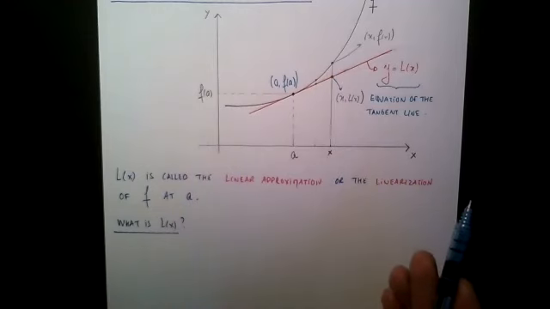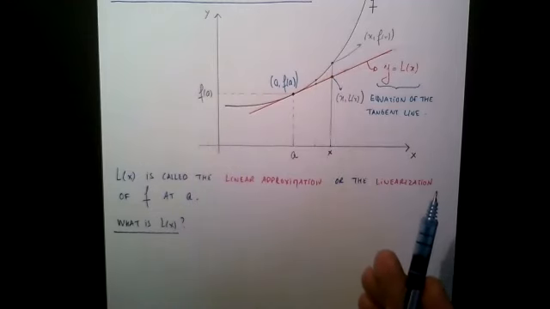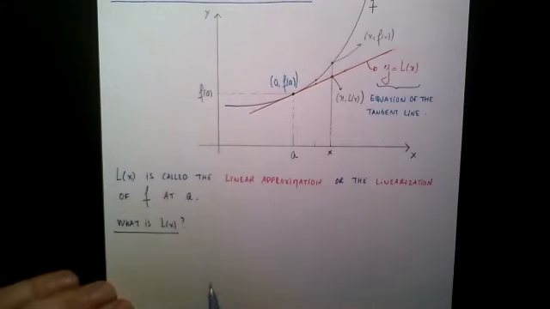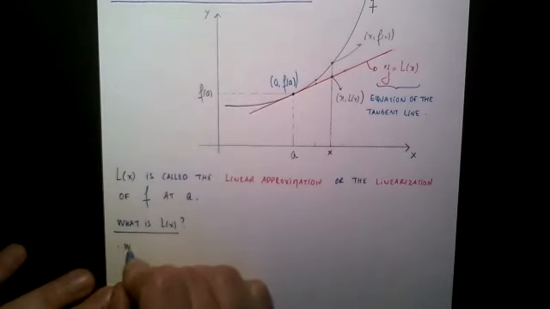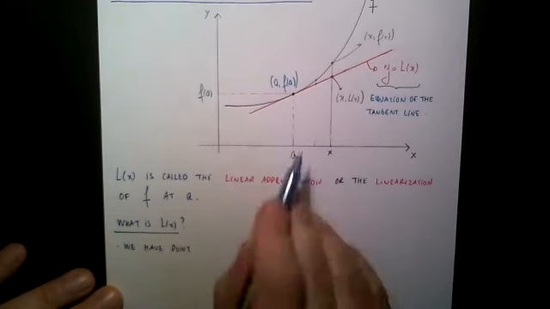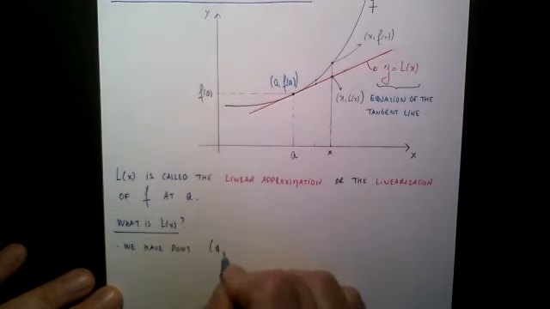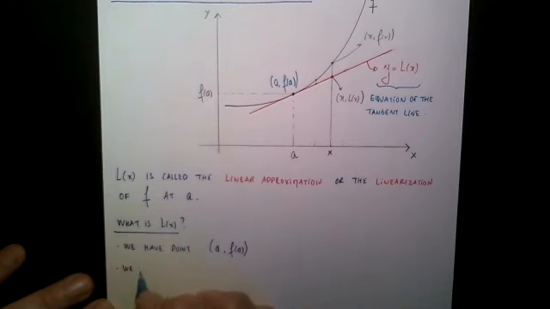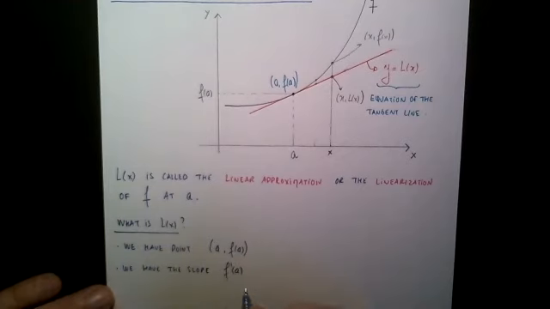To find the equation of a line we need a point and the slope. We have a point, which is, of course, a, f of a. That's one thing we have. And also we have a slope. What is the slope? f prime of a. Very good. Perfect.